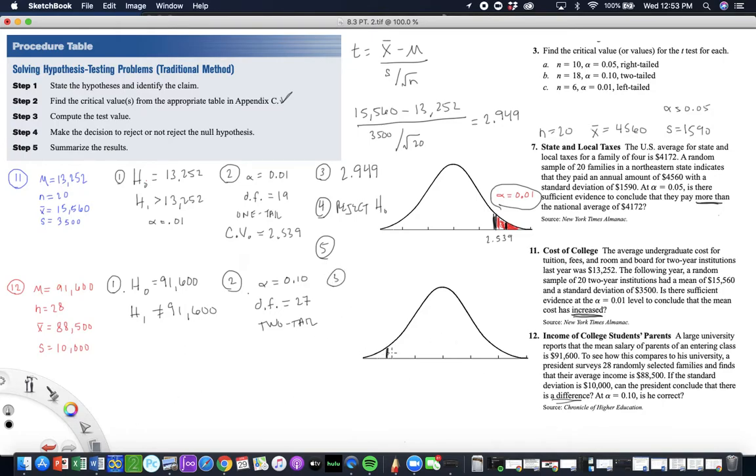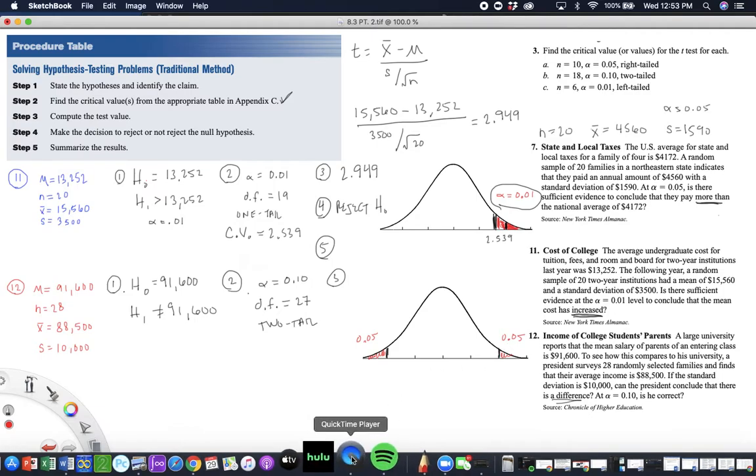Remember, if it's a two-tail, we split this on both sides. So we have 0.05 here, the critical area on this side, and 0.05 on this side. This is the non-critical area in here, and the critical area is on the sides.